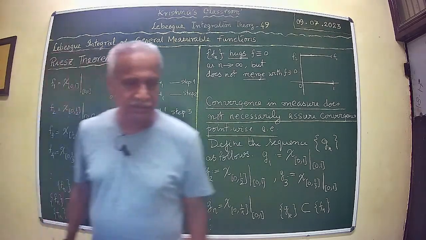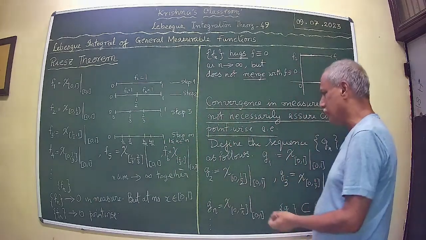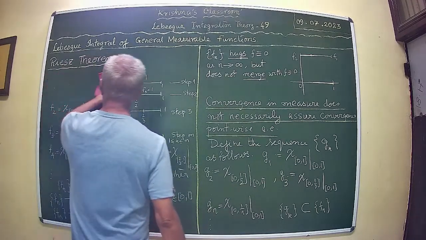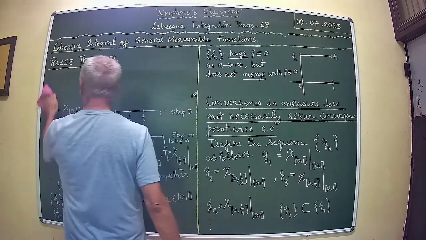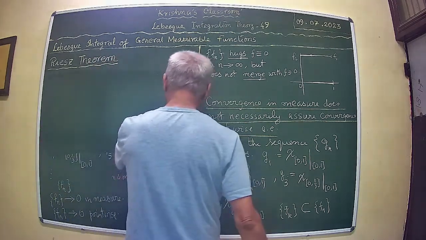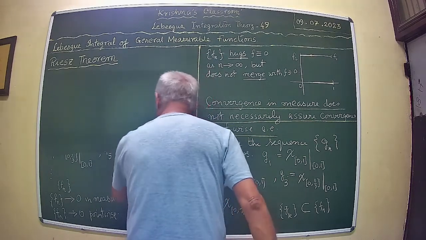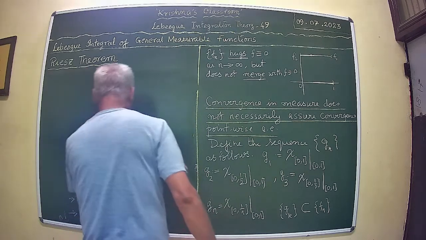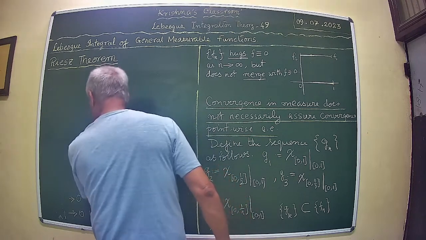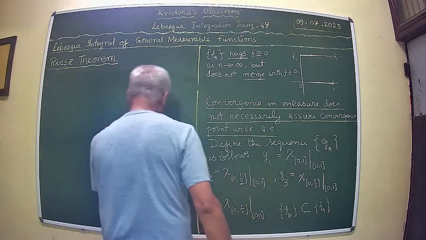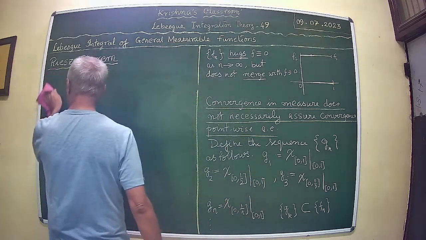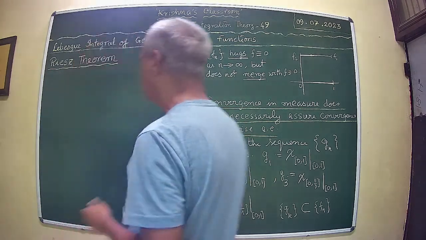What can you say about Gn? Now you observe that, it's quite easy to see. Gn converges to 0 pointwise only. Not everywhere, possibly. Okay.